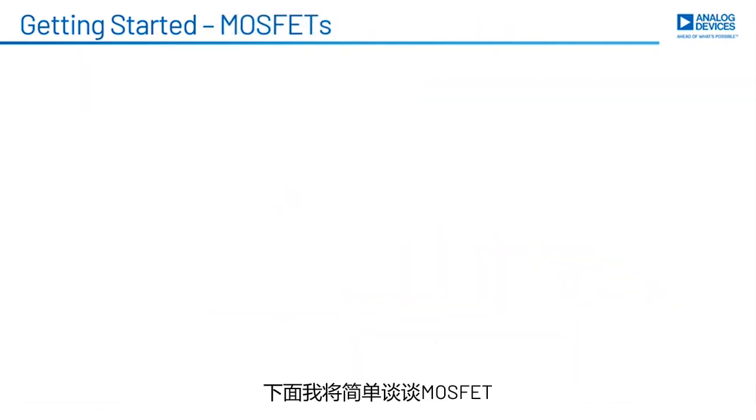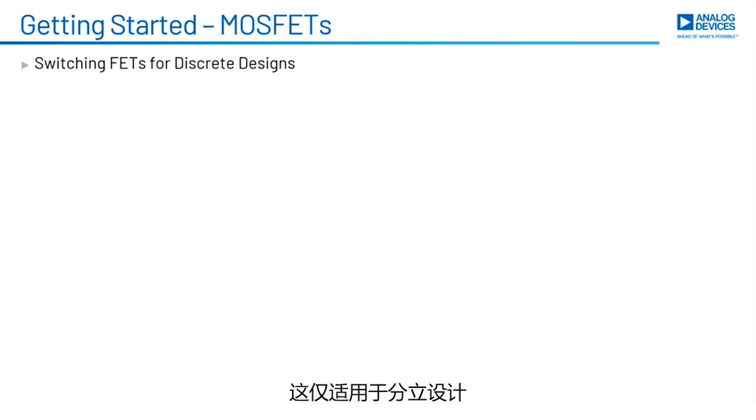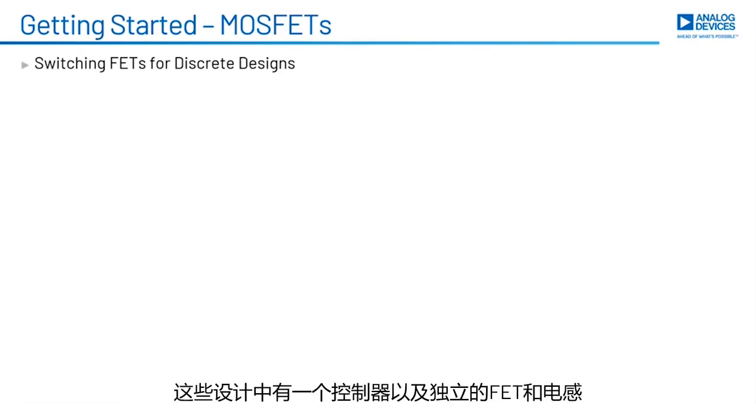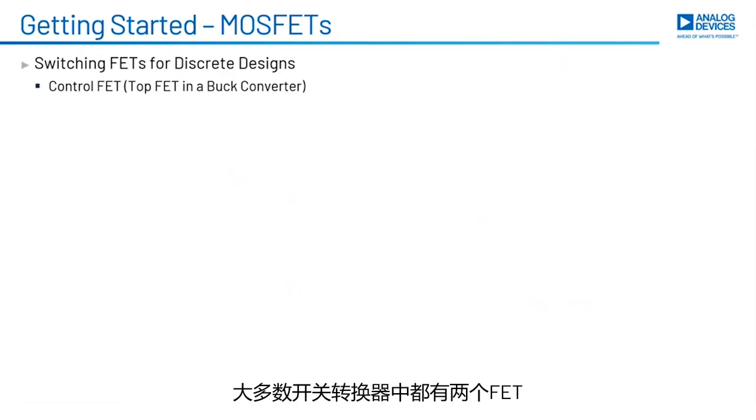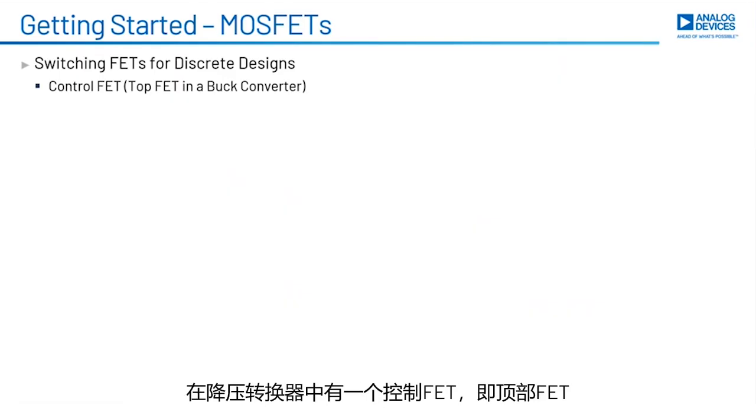I'm going to talk briefly about MOSFETs, and this applies only to discrete designs. So these are designs where you have a controller and separate FETs and inductor. And there are two FETs in most switching converters. There's a control FET, and in a buck converter, that's the top FET.